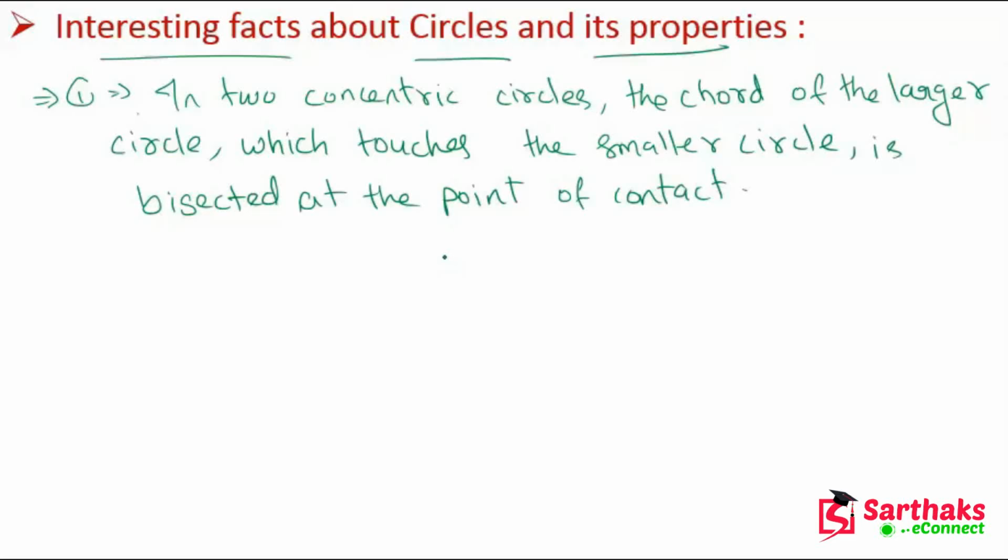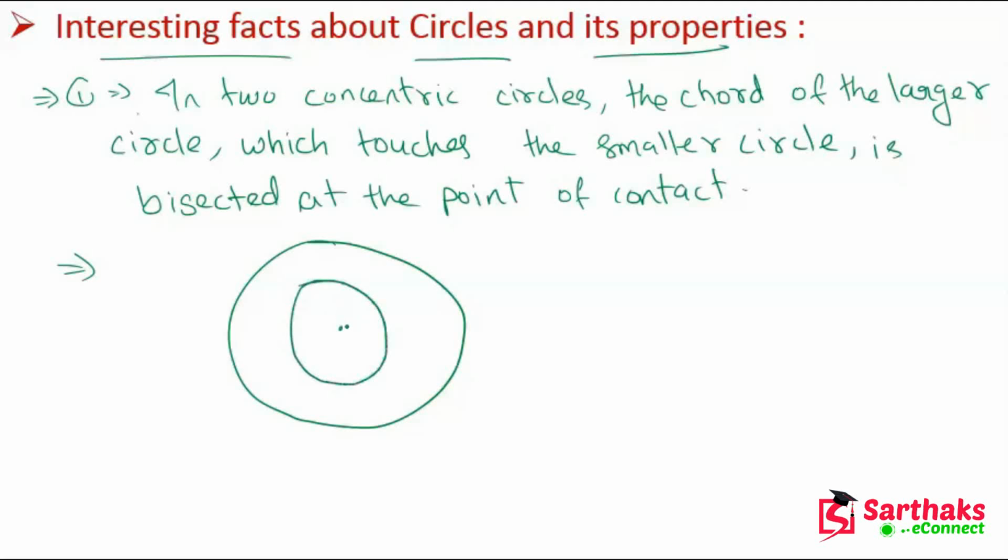Okay, my dear friends. According to this statement, let's suppose we have a circle like this. This is center O, and with the same center we have another circle, which is a concentric circle. Now the chord of the larger circle which touches the smaller circle is like this.